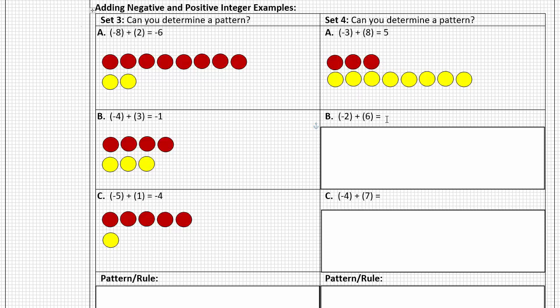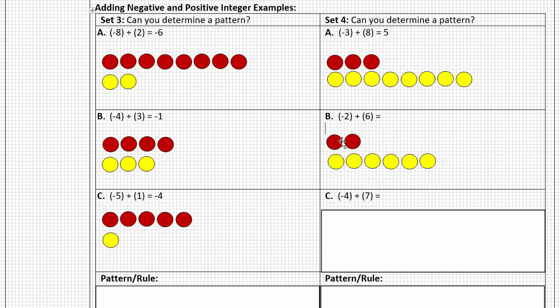In problem B of this set, we would start out with 2 negative chips, add to that 6 positives, cancel out the 2 zero pairs, and notice that we have 4 positives left. So -2 plus 6 is a +4.